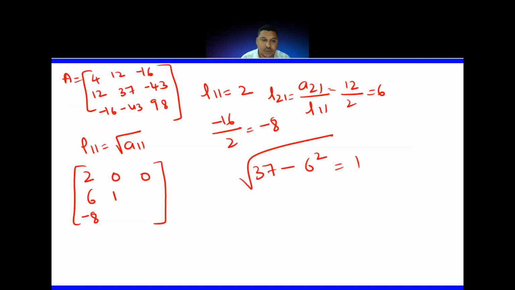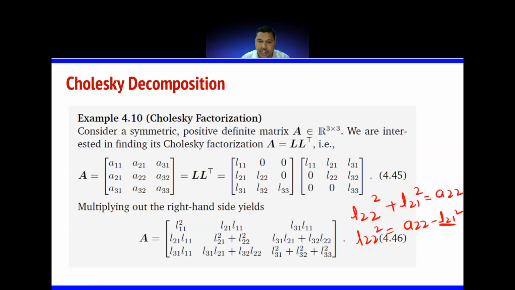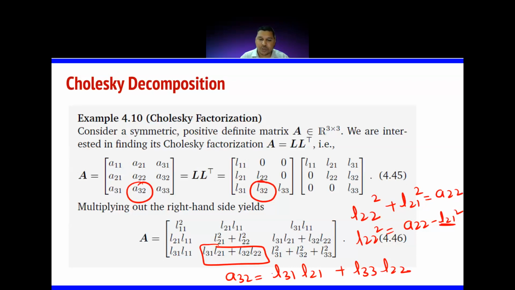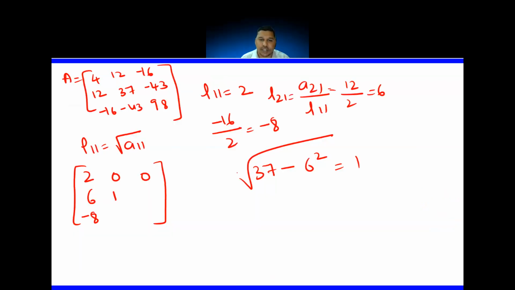Okay. Next, what do we have to find out? We need to find L32, this term. A32 is equal to L31 times L21 plus L32 times L22. You know the A32 value from this matrix: minus 43.